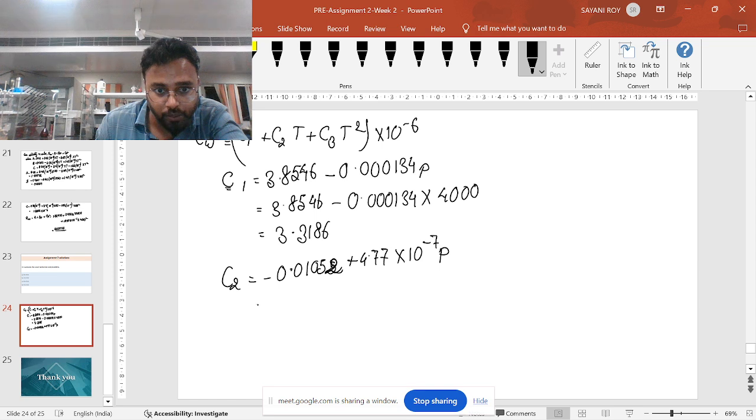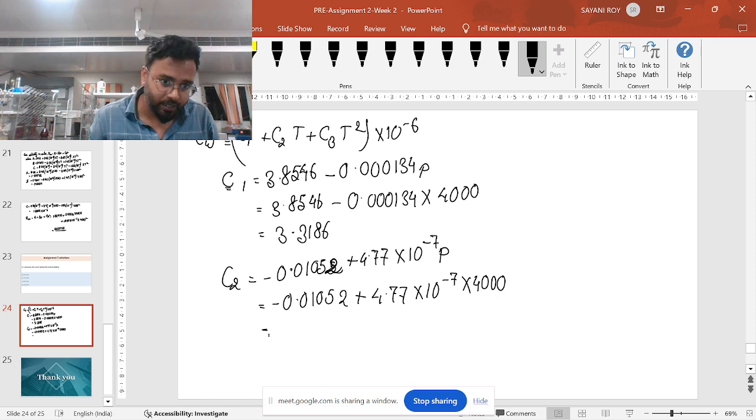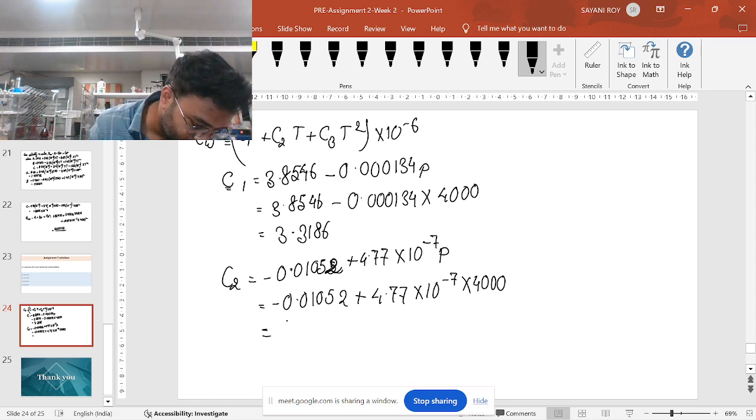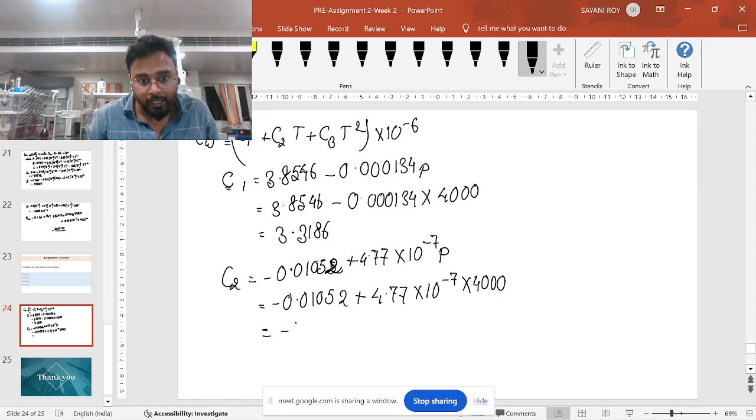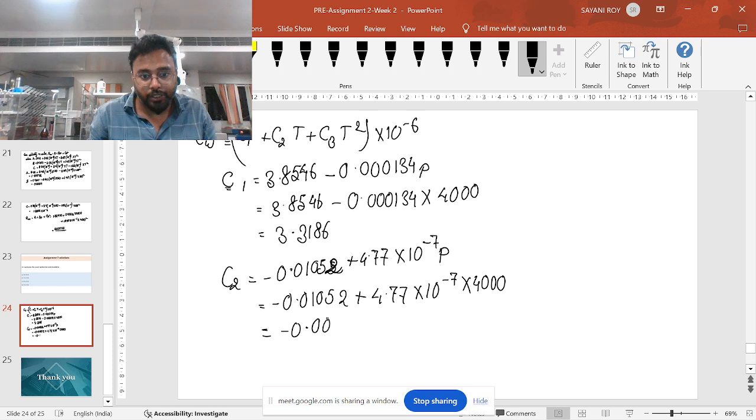So it is minus 0.01052 plus 4.77 into 10 to the power minus 7 into 4000. The answer should come out as minus 0.008612.